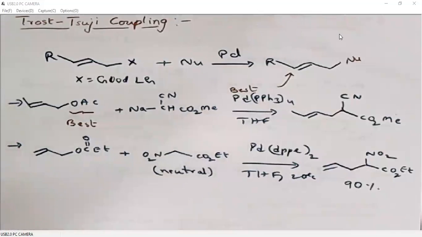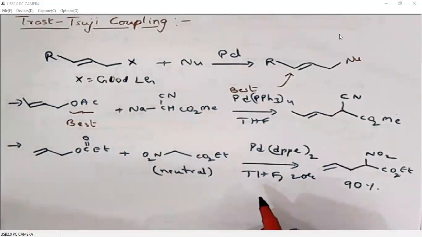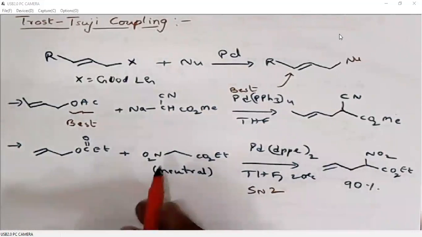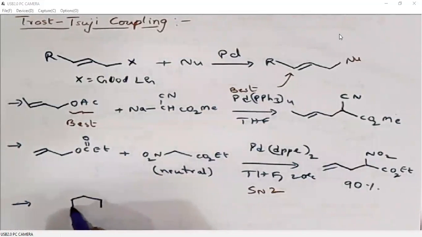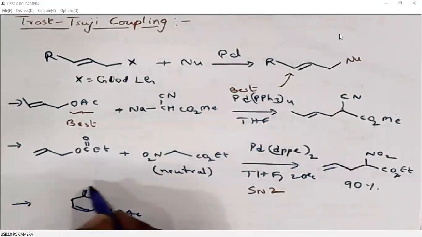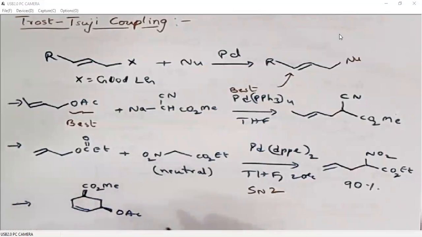Generally, this reaction occurs in an SN2 fashion. The nucleophile will undergo bimolecular nucleophilic substitution. So whenever we have a chiral center, we must remember that the reaction is an SN2, so it leads to inversion of configuration.